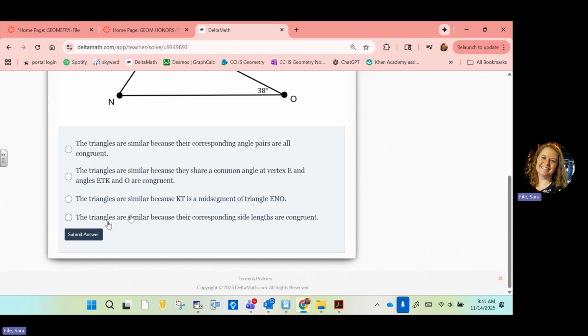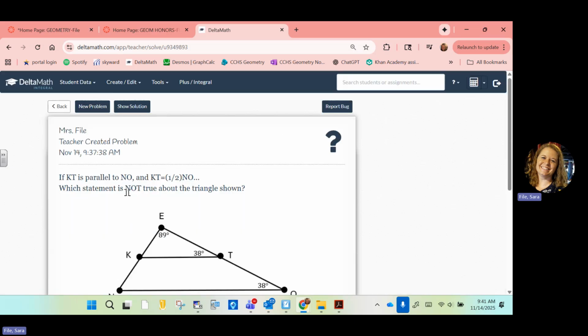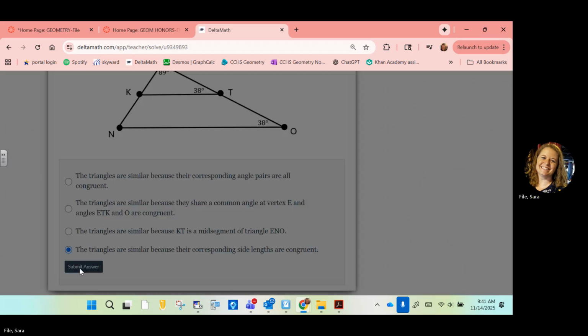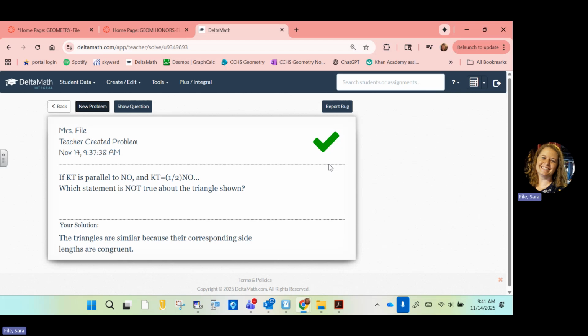Okay. For triangles to be similar by side length, we need to know that they are proportional. Okay. So this is the only one that's not true. And I think a lot of people missed this maybe because they didn't read carefully, which statement is not true. Feel okay about that one?